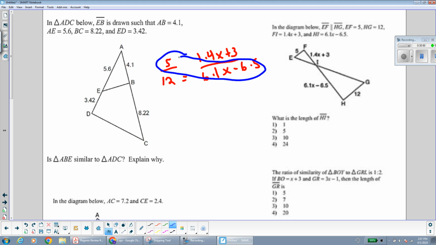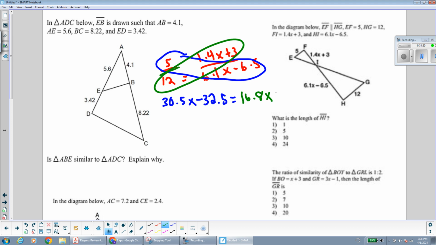Okay, so 5 times 6.1, and that is 30.5x. And then I have 5 times 6.5, and that is minus 32.5. Now the other way over here, we have 12 times 1.4, and that's 16.8x.